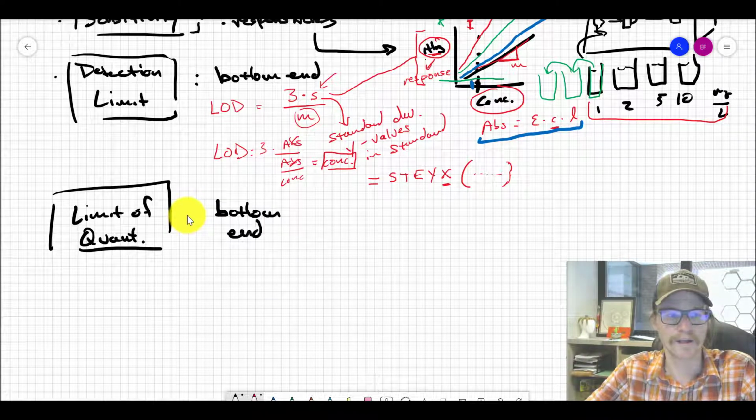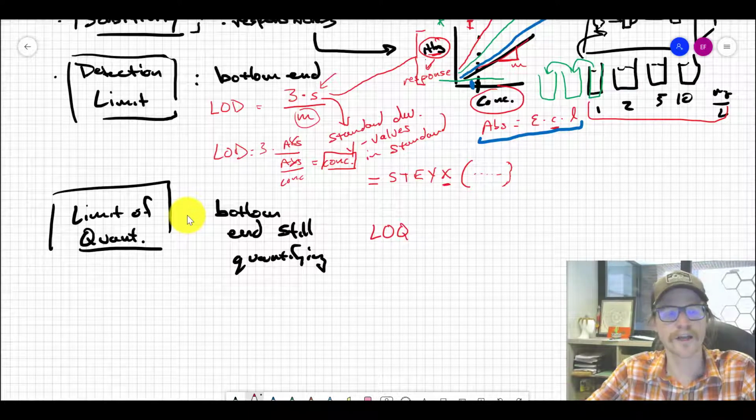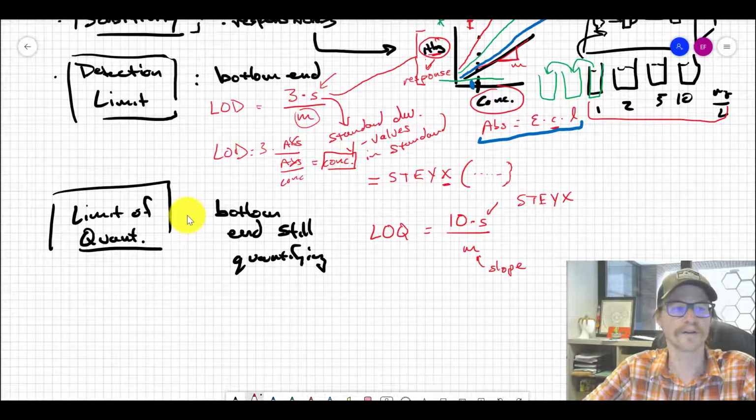The mathematical description is really similar. We call this LOQ, limit of quantitation, and it's 10 times the standard deviation over M. The standard deviation, again, is the standard error of Y in X, and M is the slope of the calibration curve. So these two values are really easy to compute.